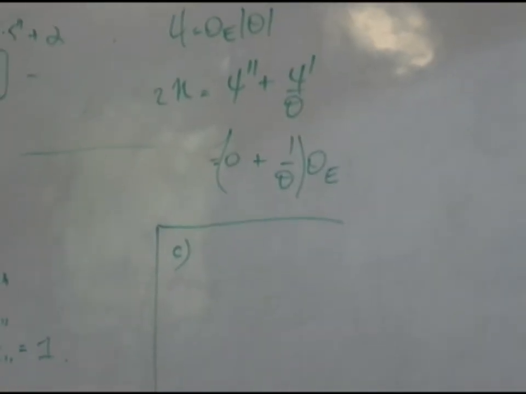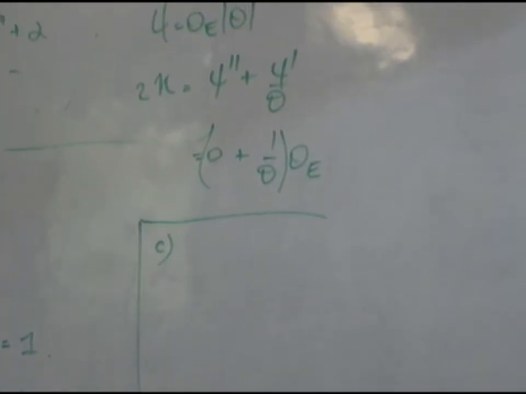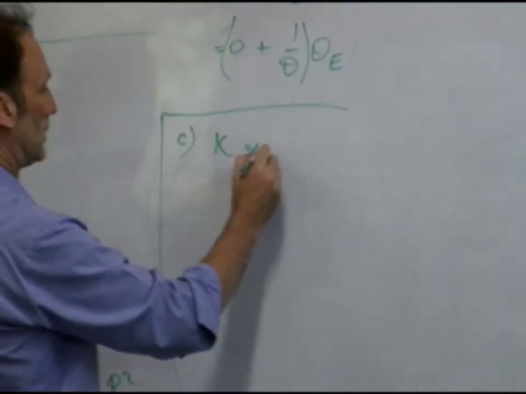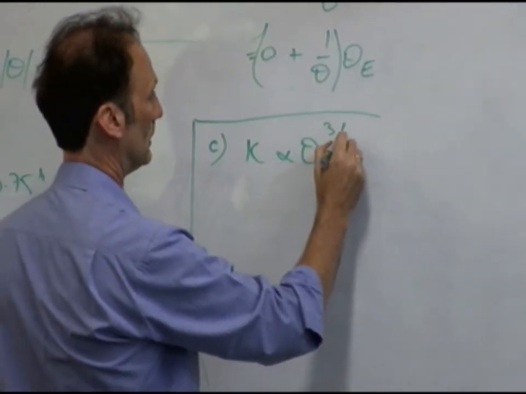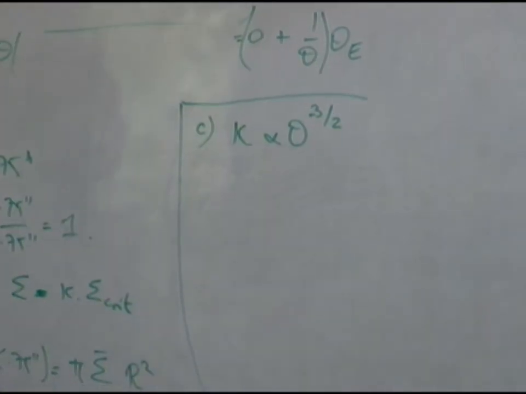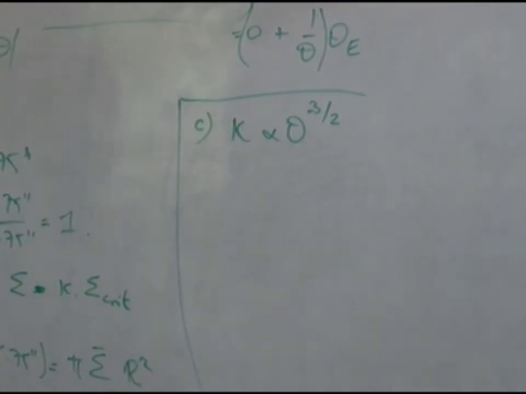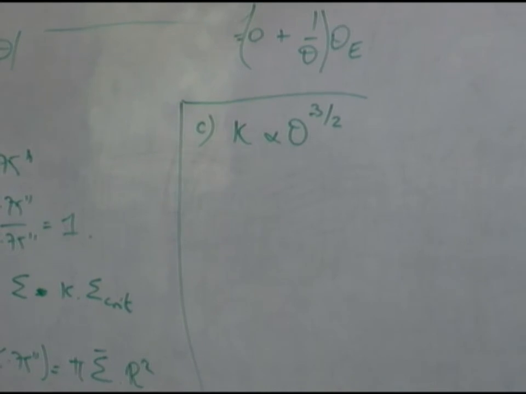Now for part C, we have a different surface density profile. For part C, we know that kappa scales like theta to the minus 3/2. So I'm going to look.